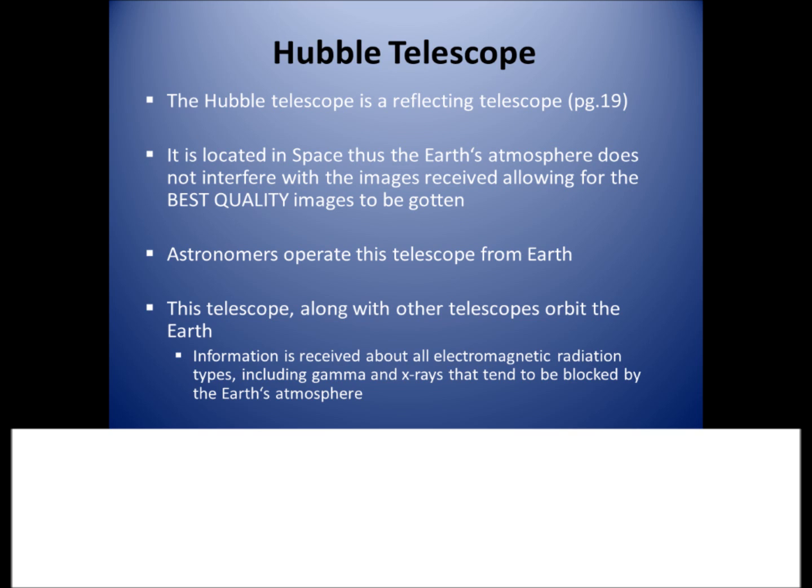This telescope, along with other telescopes, orbits the Earth, and it gives us information about electromagnetic radiation such as gamma rays and X-rays. This is very important because gamma rays and X-rays tend to be blocked by the Earth's atmosphere. So in order to overcome this obstacle, they put the Hubble telescope in space in order to get the best quality images and information about these electromagnetic radiations.